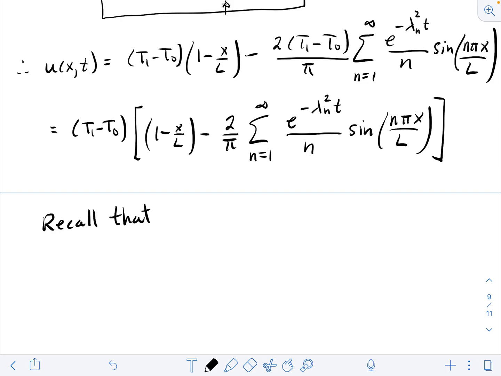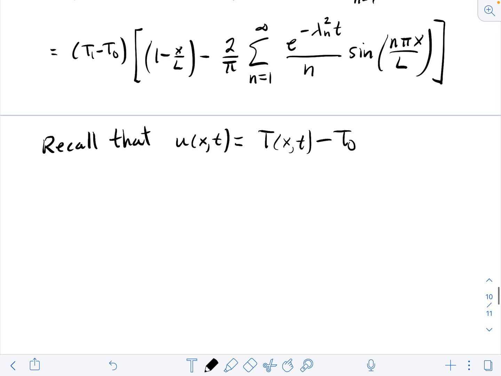If we want the actual temperature, remember we defined this U quantity to be T minus T naught. So we have to add T naught to everything.